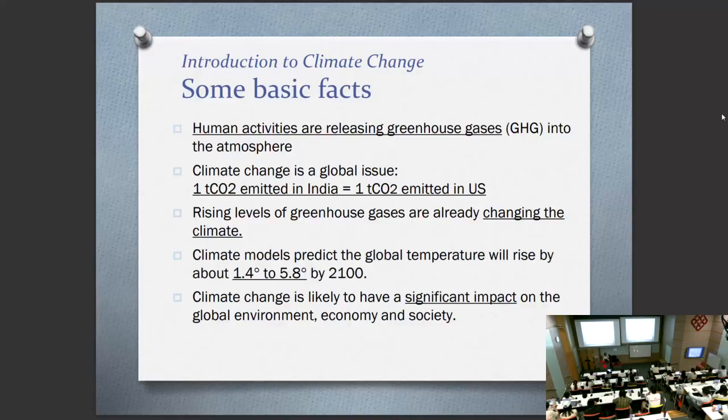Scientists are constantly measuring the concentration of carbon dioxide, and it is a fact that the concentration of carbon dioxide has been increasing after the Industrial Revolution. In the beginning of the 19th century, many sophisticated, advanced technologies were invented.